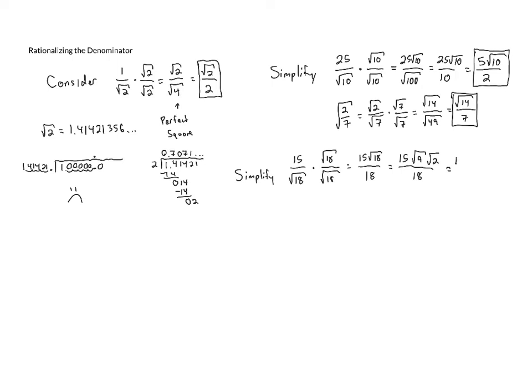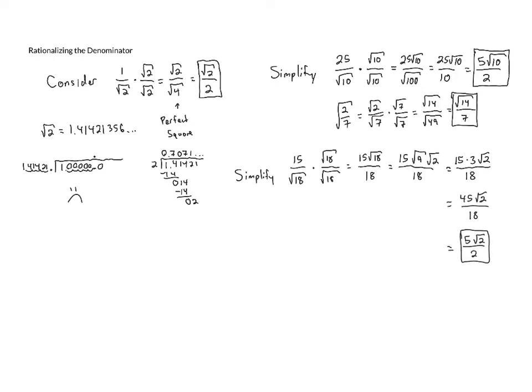And then 9 is a perfect square. The square root of 9 is 3. So we've got 15 times 3 root 2 over 18. 15 times 3 is 45. So we get 45 root 2 over 18. And then 45 and 18 are both divisible by 9, so we can reduce by a factor of 9, giving us 5 root 2 over 2.